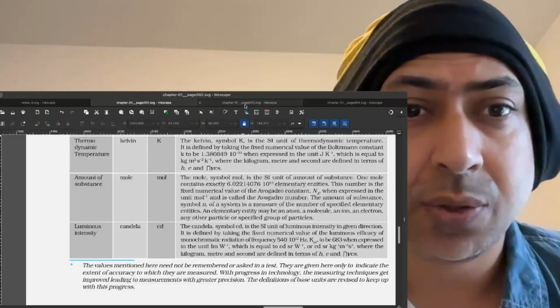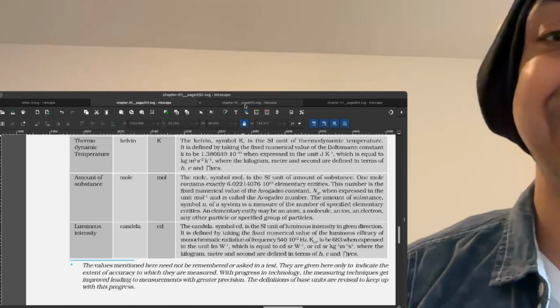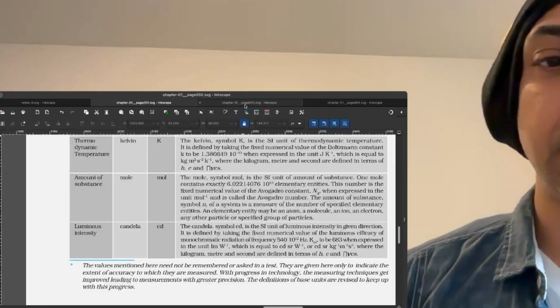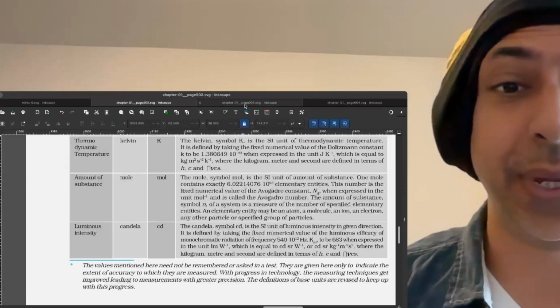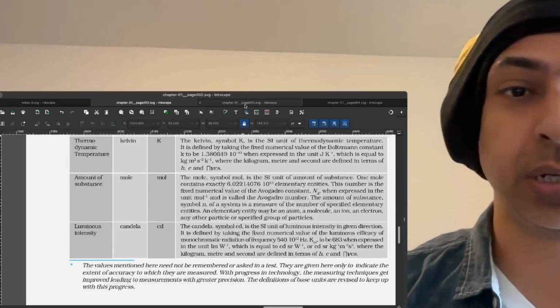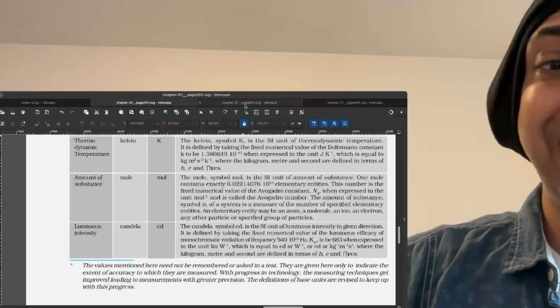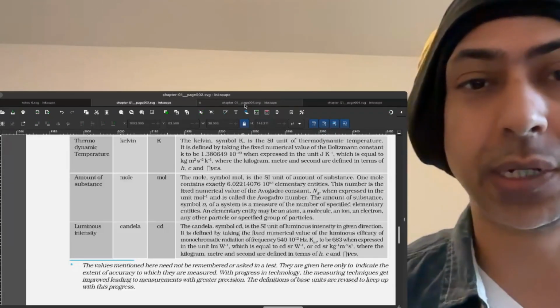The rules for determining the number of significant figures can be understood from the following examples. Significant figures indicate, as already mentioned, the precision of measurement, which depends on the least count of the measuring instrument.